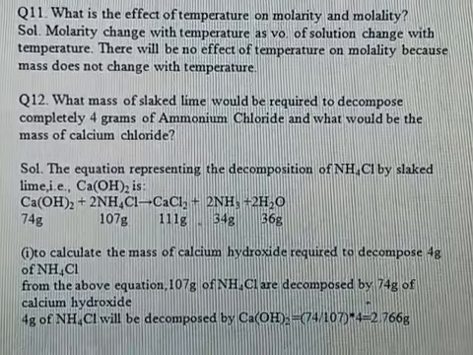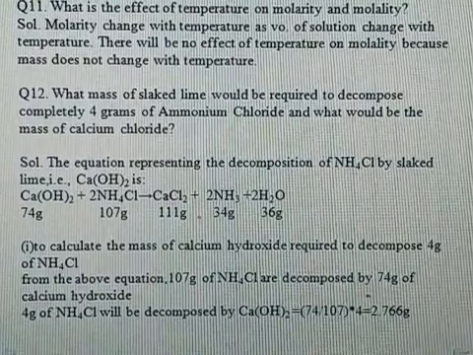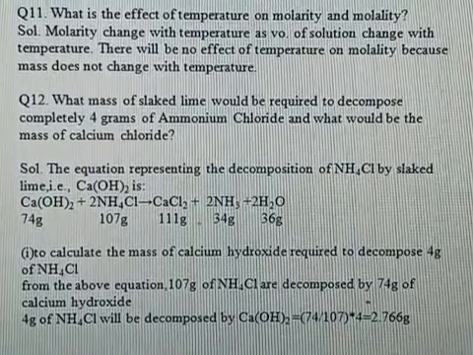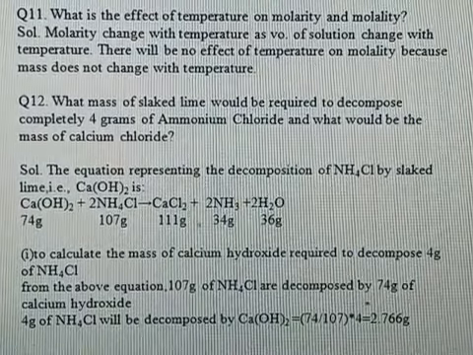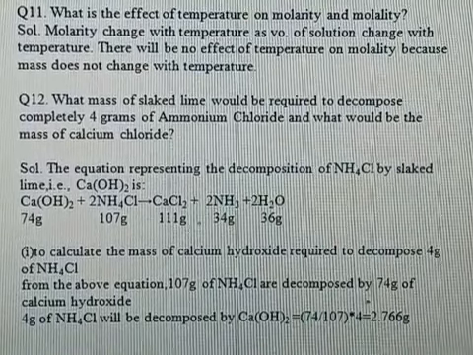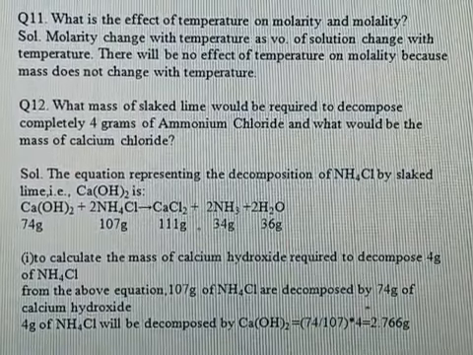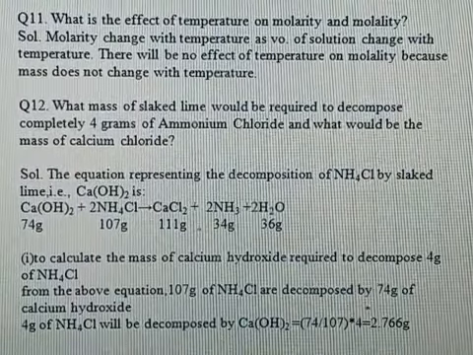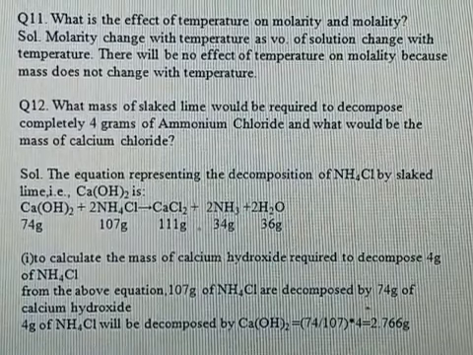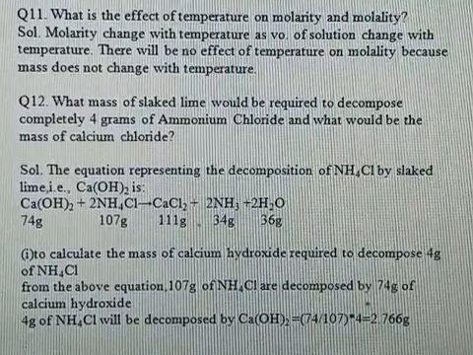So here first we will calculate the mass of calcium hydroxide which is required to decompose 4 gram of ammonium chloride. So in these type of question, first of all you have to compare amount of reactants according to chemical equation. So from the equation you can clearly see here that 107 gram of ammonium chloride completely reacts with 74 gram of calcium hydroxide.